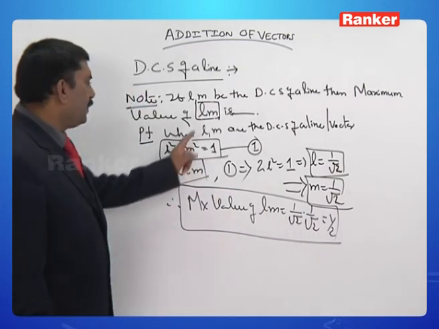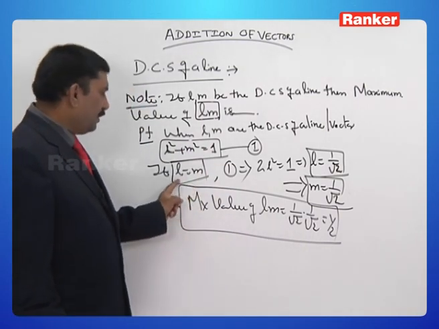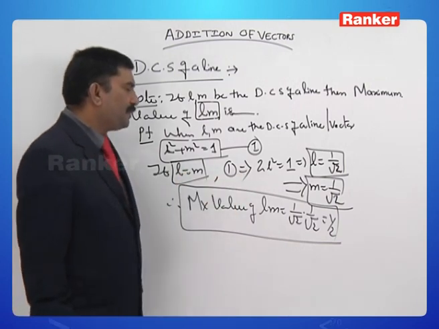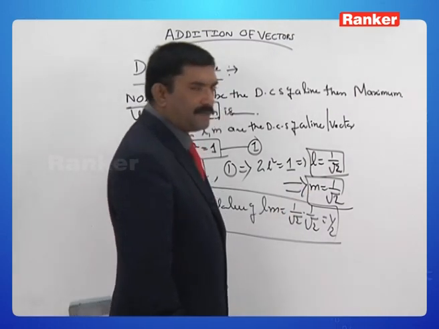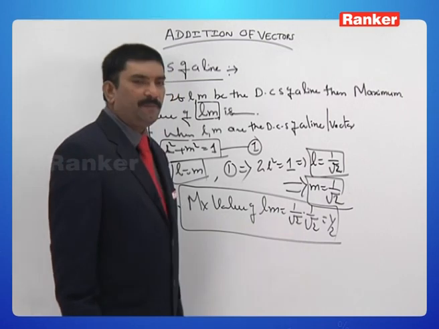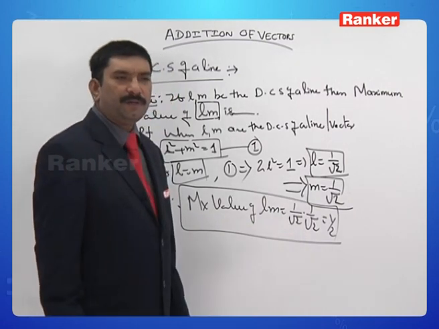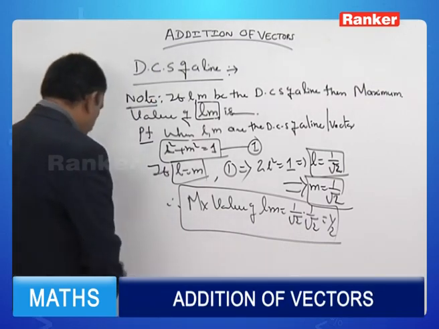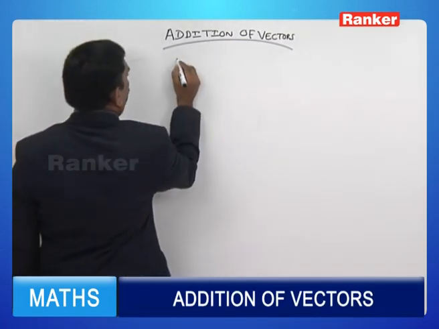Now if this product is to be maximum, L must be equal to M. So 2L square is equal to 1, L is equal to 1 by root 2, M is also 1 by root 2. So the maximum value of LM is 1 by root 2 into 1 by root 2 is equal to 1 by 2.